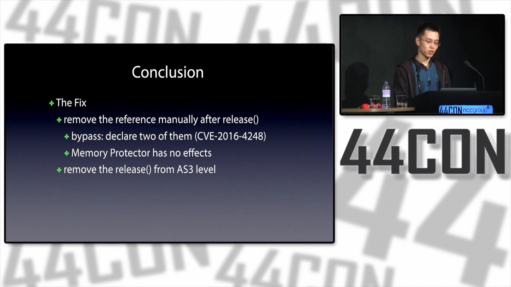And for this removing of release, maybe it's just a temp fix. So after several versions of Flash, the release may still come back, but with just a manual removal of the reference, it may still contain a bypass of the fix. And the use-after-free method, I think, is a relatively common way to exploit use-after-frees in Adobe Flash.